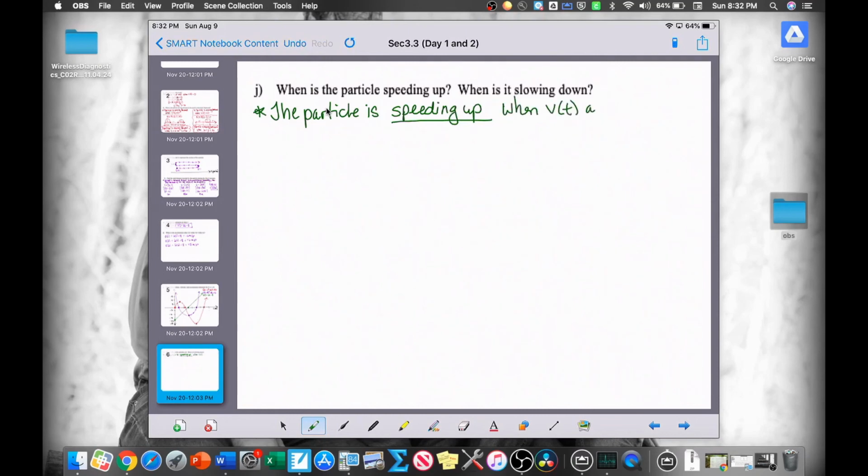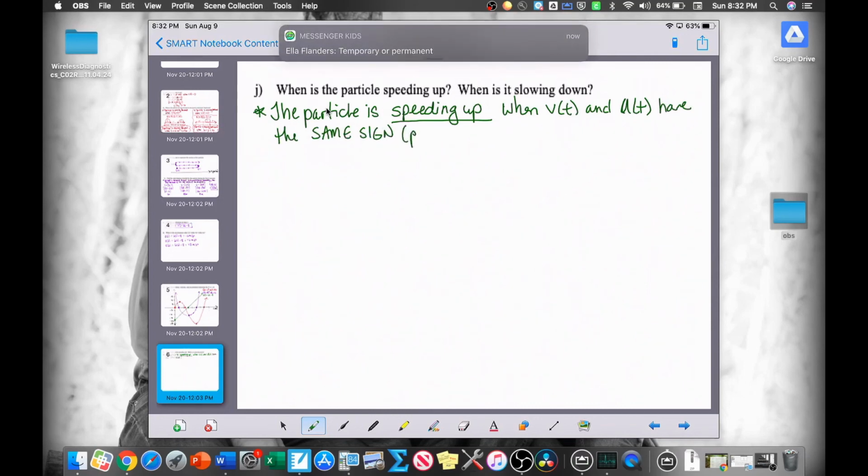The particle is speeding up when v of t, velocity, and a of t, acceleration, have the same sign, meaning they are both positive or both negative, because the particle is pushed in the same direction it is moving.